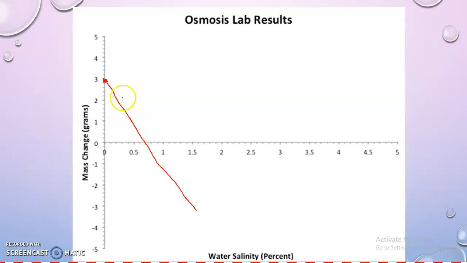So this is all hypotonic. Up here we have hypo, and you are gaining mass here. Down here we have hyper. Somehow every time I do this I get worse. Hypertonic, so it's losing mass. And we can see that for this particular experiment, the internal concentration or the isotonic point is 0.7.